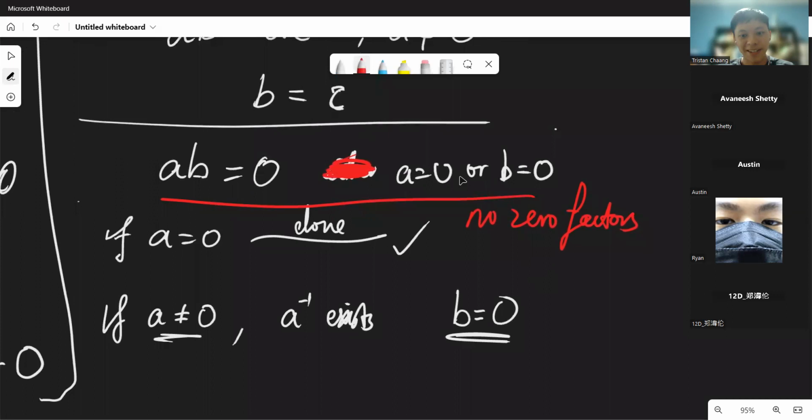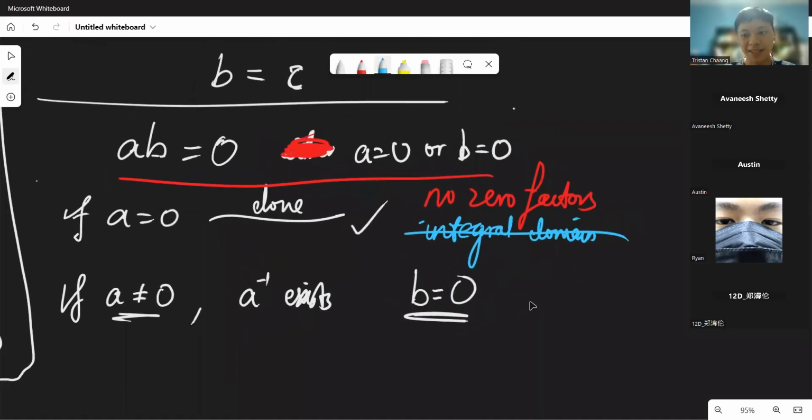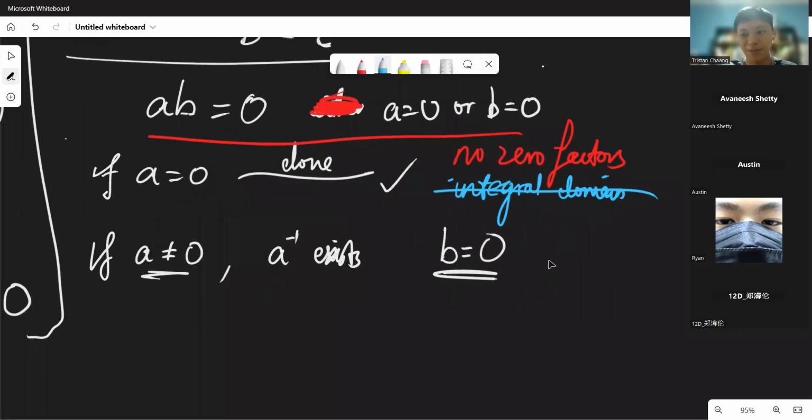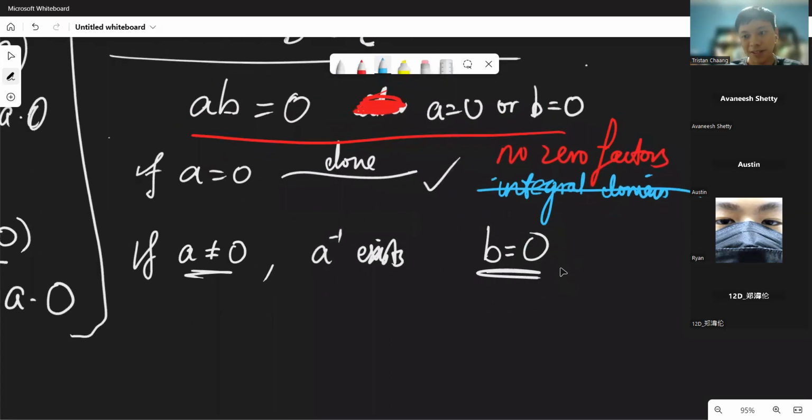So any set that has no 0 factors is called an integral domain. I will not refer to this name. I will just say a set has no 0 factors, because that's the friendlier name. If I say integral domain, you have to think again what integral domain means. So a field has no 0 factors. Again, a field is an integral domain.